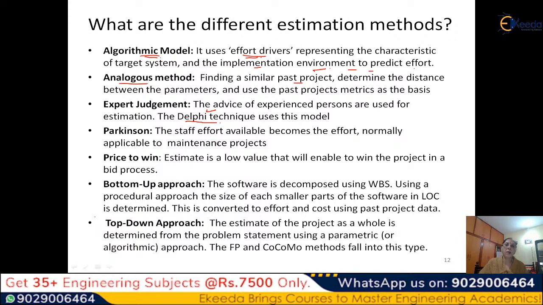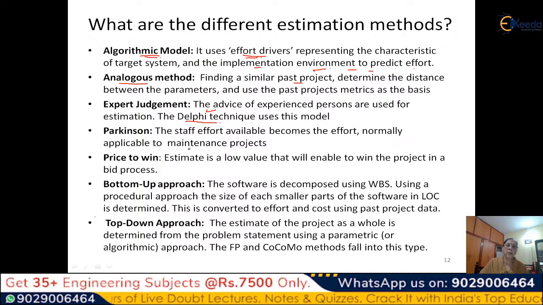Then Parkinson's is not exactly an estimation, where some staff are available, so you have to fit your project scope into the available resources. Here the estimate is actually there; we are mapping the scope into the effort that is available.